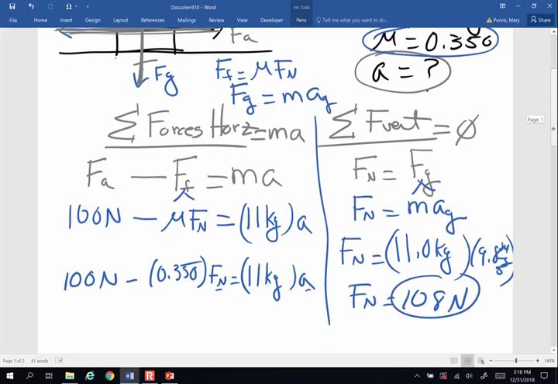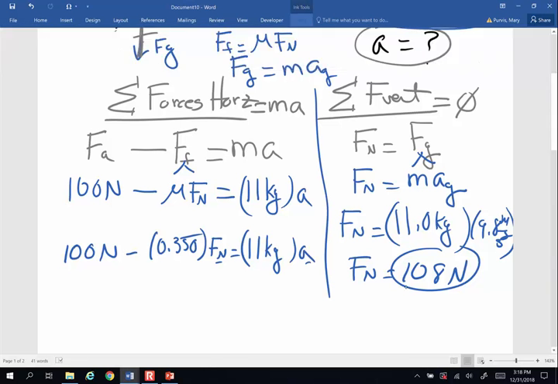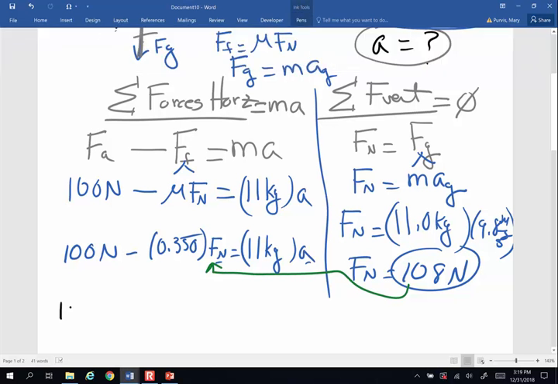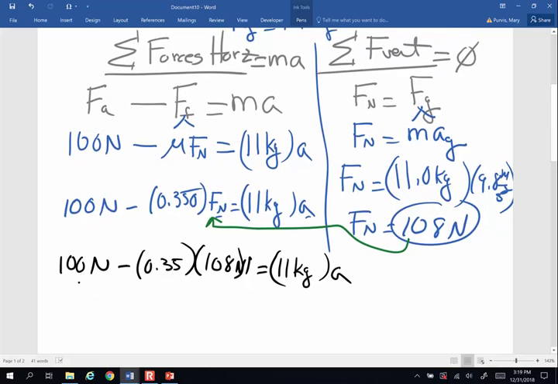Now that I have 108 newtons, I can take this and put it right there in the other equation, and that's what I'm going to do. So I'm going to have 100 newtons minus 0.35 times 108 newtons equals 11 kilograms times my rate of acceleration. 100 newtons minus, now what is 0.35 times 108?